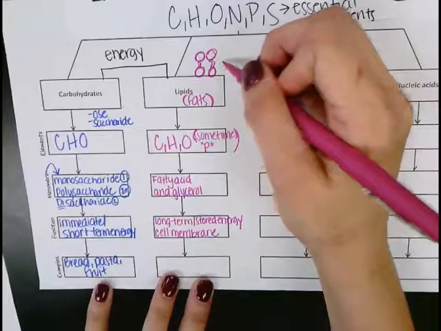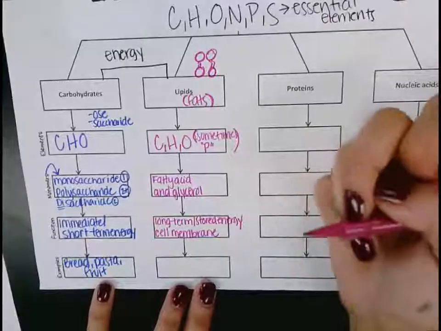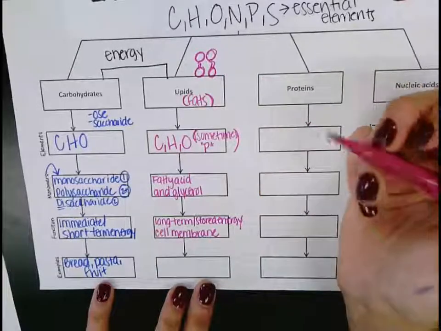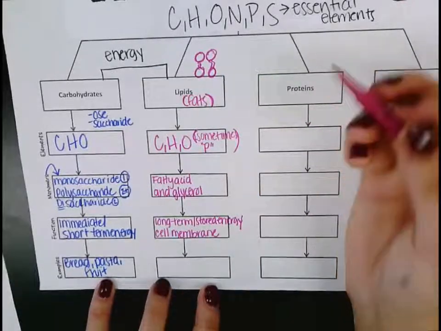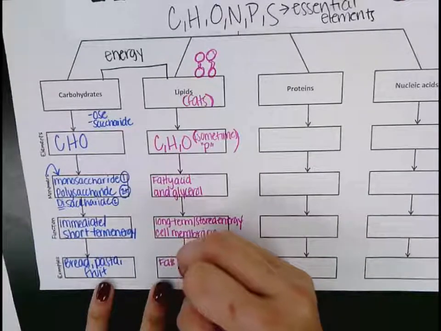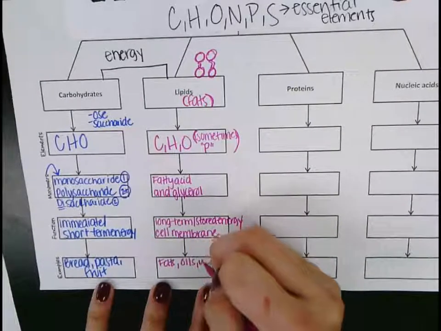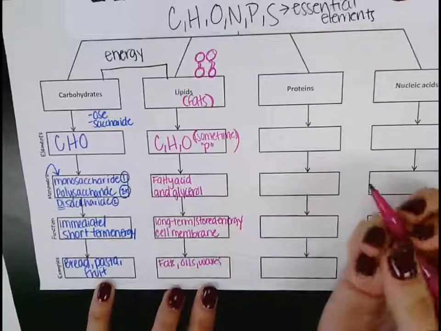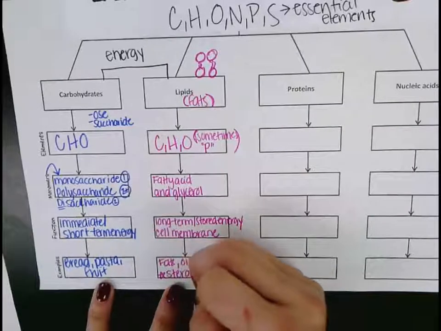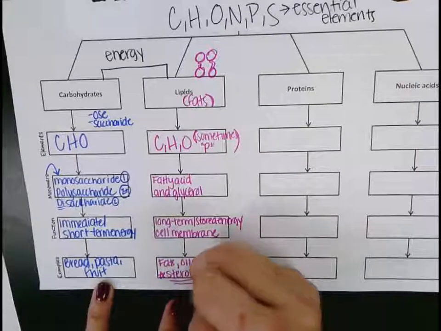Hydrophilic heads, hydrophobic tails, okay? They make up that cell membrane, and that's where that P comes from because of those phospholipids, okay? And they are found in fats, oils, waxes, and a big one that a lot of times we forget, steroids, okay? Steroids.